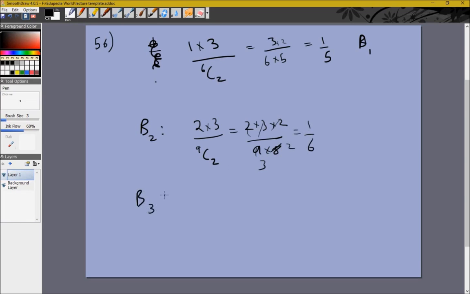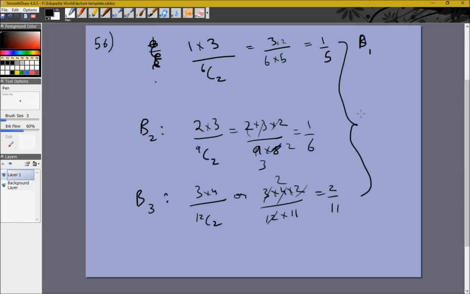And for B3, the same thing is 3 into 4 by 12C2, or 3 into 4 into 2 by 12 into 11, which is 2 by 11. So these are the three probabilities.